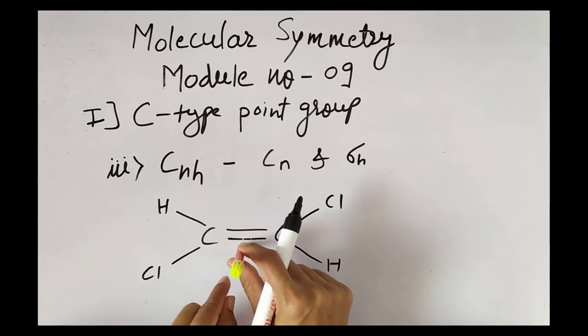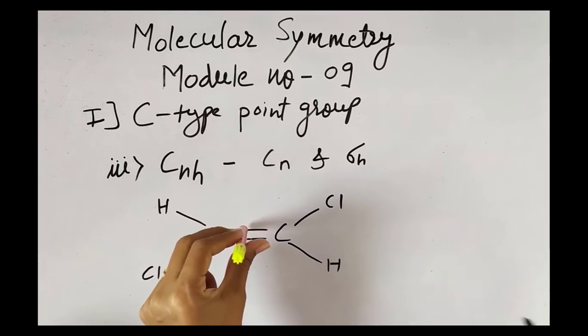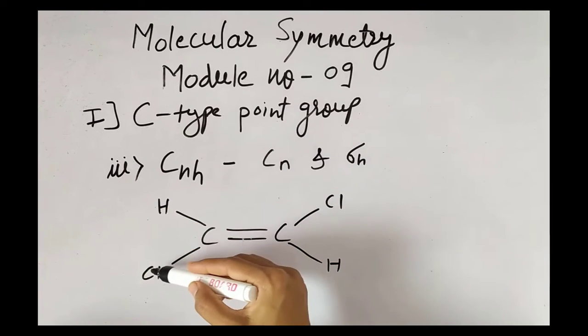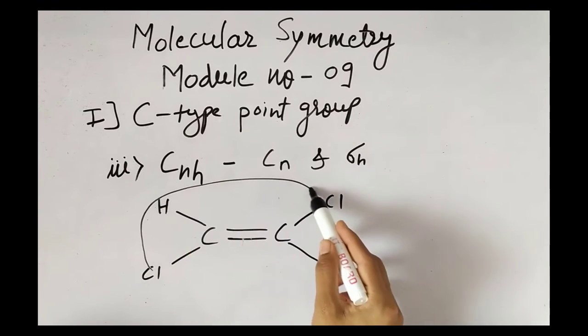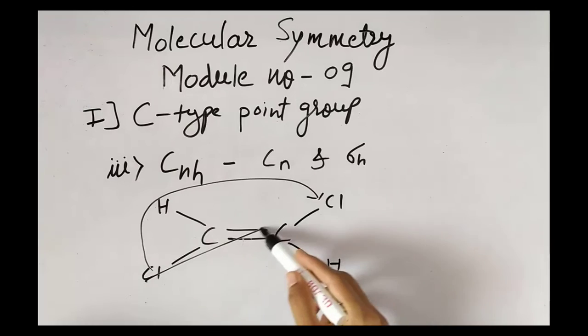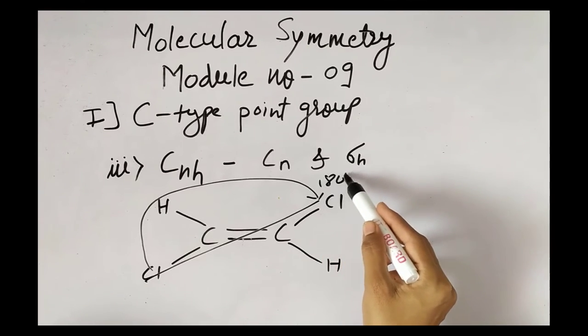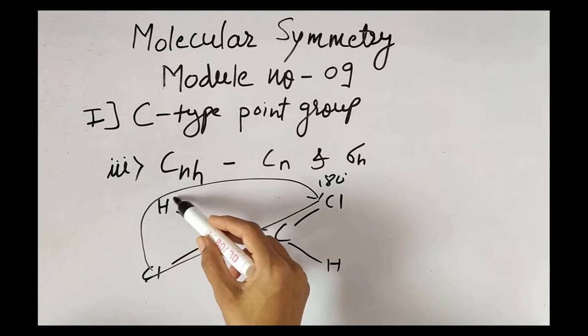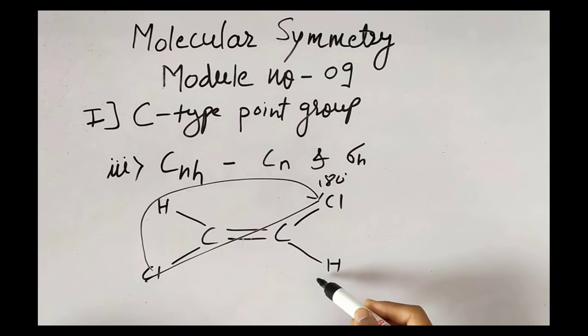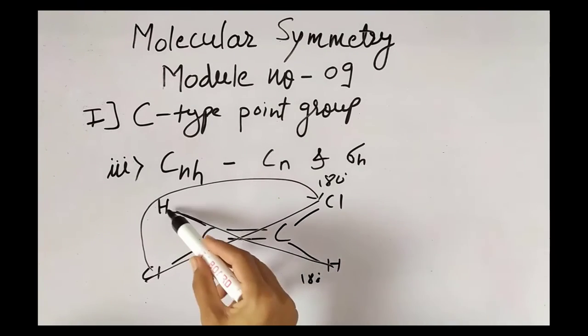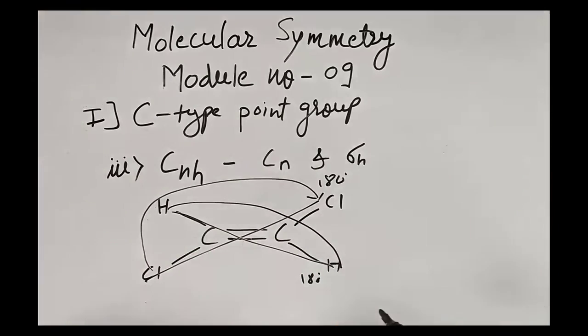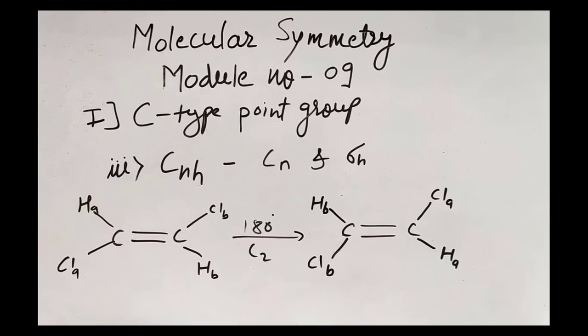Will it be the same image? No. But when you rotate it by 180 degrees, this chlorine will reach here, making an angle of 180 degrees, and this hydrogen will reach here, making an angle of 180 degrees, like this. In this way you will get the diagram.